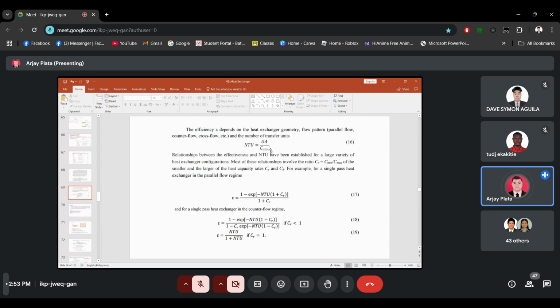How is that possible? Because we have an area A, which pertains to the formula pi D L, where L is the length of the tube and D is the diameter. If the value of the area is not yet enough, we can multiply it by the number of heat transfer units for us to be able to achieve the requirement.